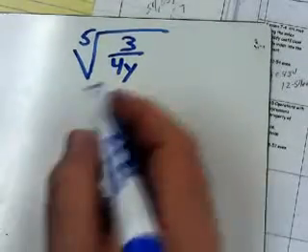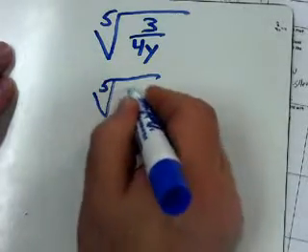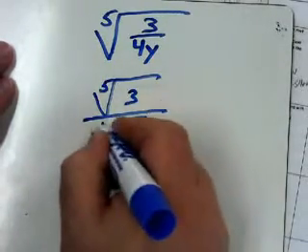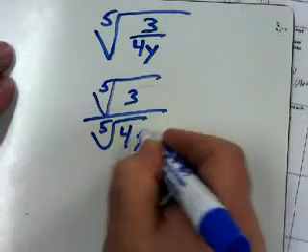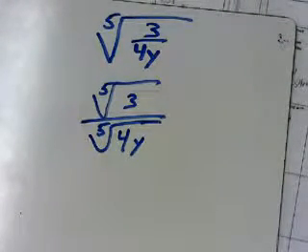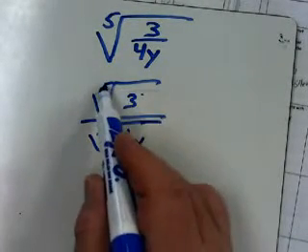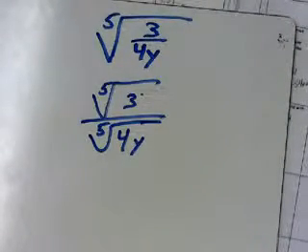So if I wrote it as separate radicals, I would have the 5th root of 3 over the 5th root of 4y. Correct? Can I take this exponent of 1 and divide it by that 5? Nope.